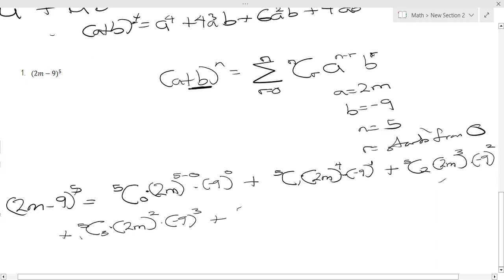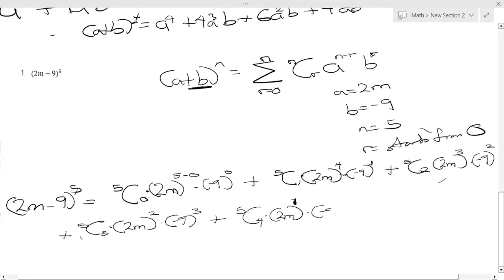Plus 5c4, 2m raised to power 5 minus 4, which is 1, so we can ignore the 1, or let's just put it there so we don't make any mistakes.